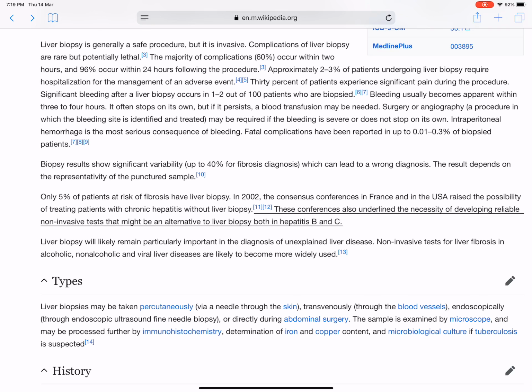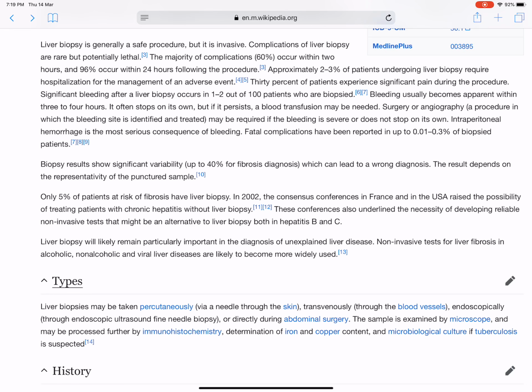These conferences also underlined the necessity of developing reliable non-invasive tests that might be an alternative to liver biopsy both in hepatitis B and C. Liver biopsy will likely remain particularly important in the diagnosis of unexplained liver disease. Non-invasive tests for liver fibrosis and alcoholic, non-alcoholic and viral liver diseases are likely to become more widely used.